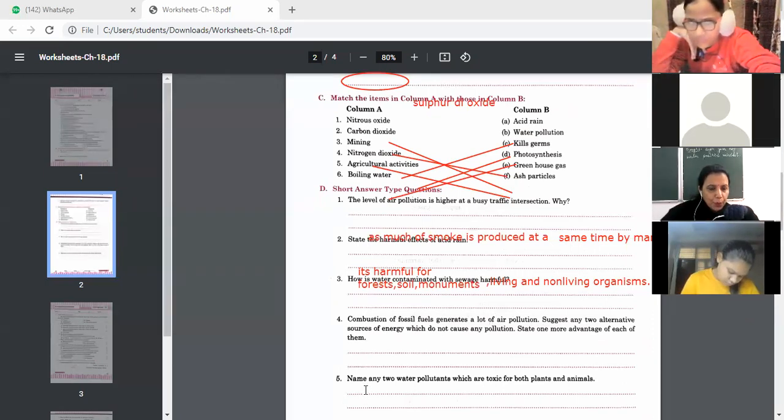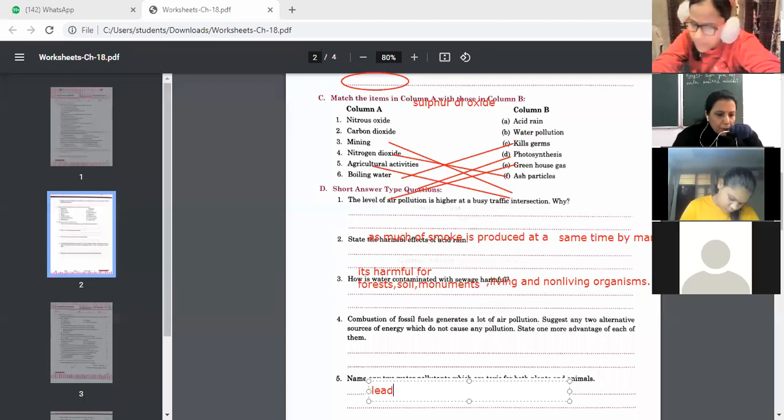Only two water pollutants. Ma'am, lead and arsenic. Lead and fluorides, and arsenic, you can say. Arsenic and fluorides you can write down.